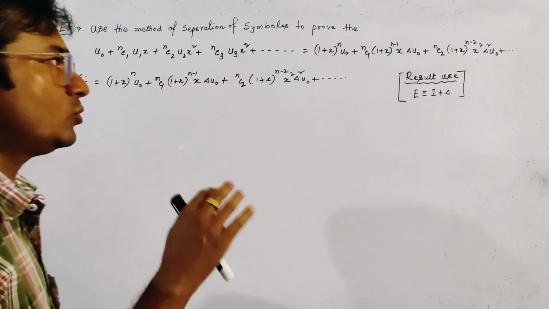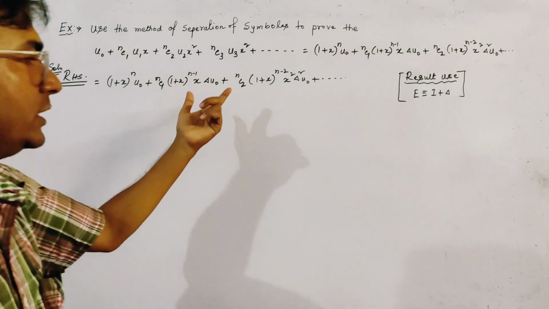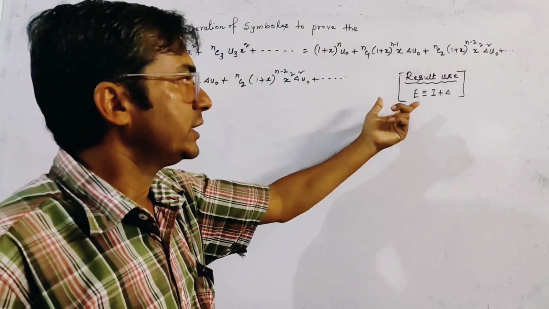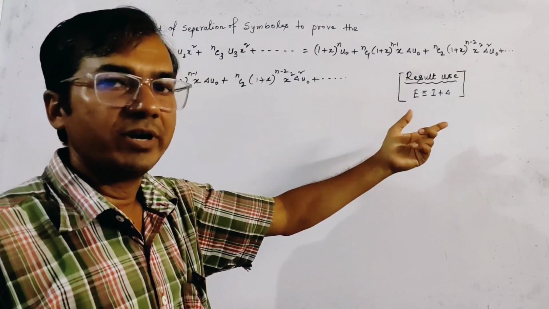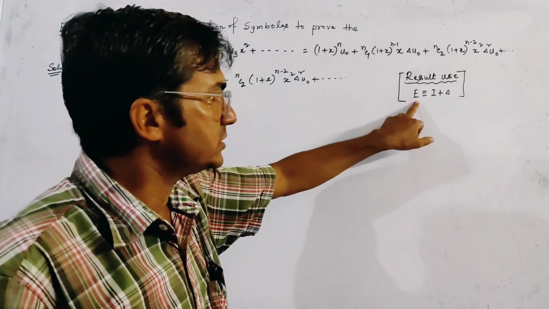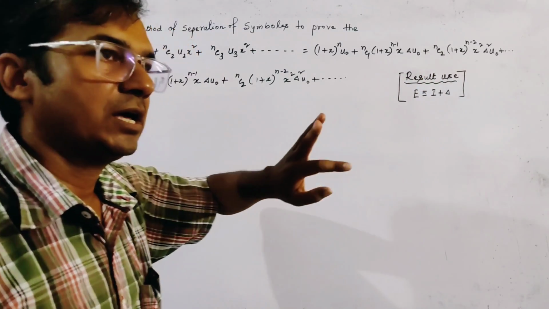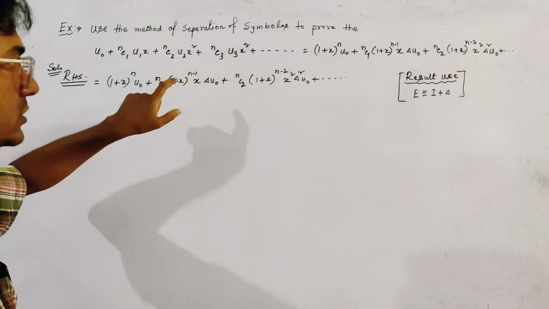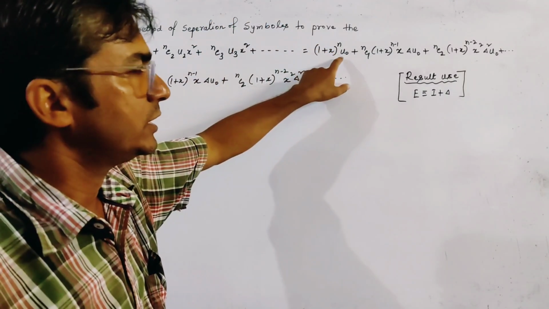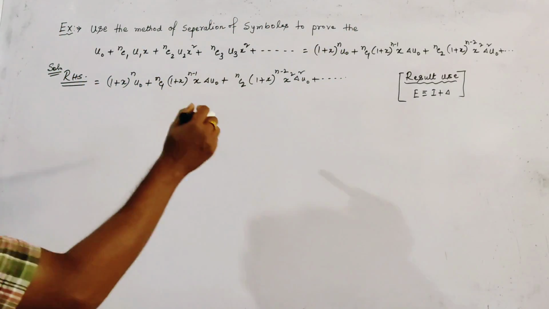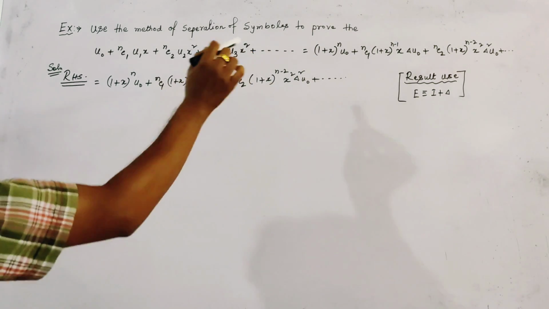Now we use here the important relation between the shift operator and the forward difference operator, which is given by E = I + Δ. Okay, and we start the proof from the right side, and we write the right side of the above relation.